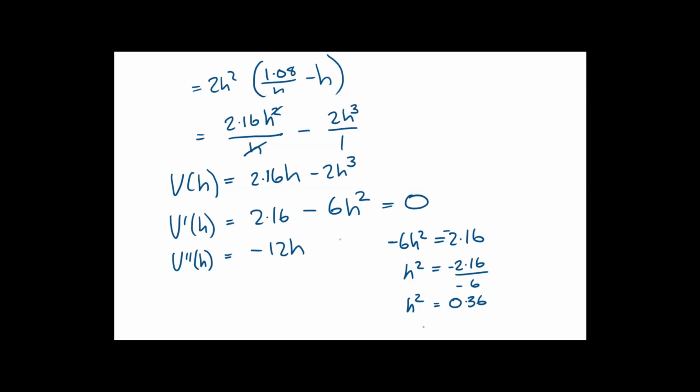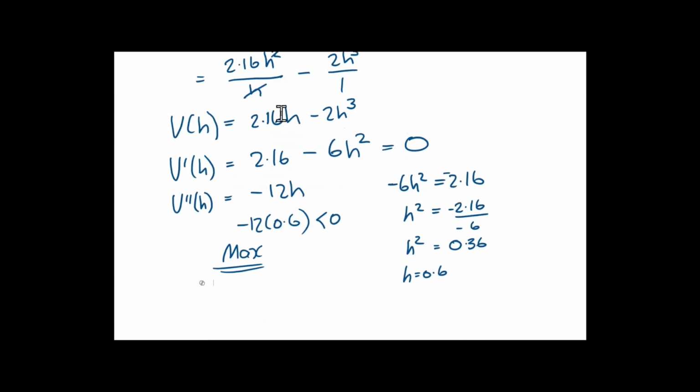So when h is 0.6, it's either maximized or minimized. Is this a maxima or minima? Well, negative 12 times 0.6 is a negative number. It's less than 0, so therefore it's a maximum. Therefore, the volume is maximized when h is 0.6.